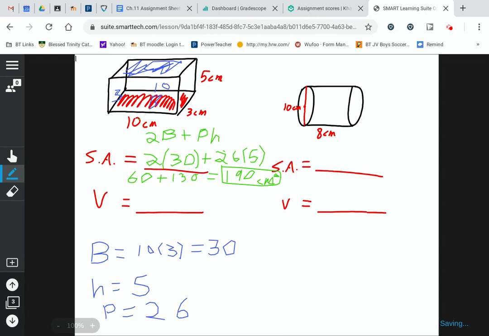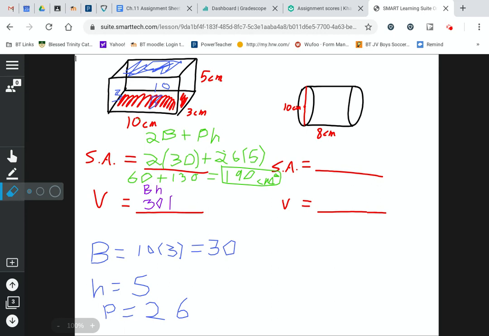We're going to do the same thing, except volume, remember, is BH. It's just B times H. So in this case, we know my B is 30 and my H is 5.